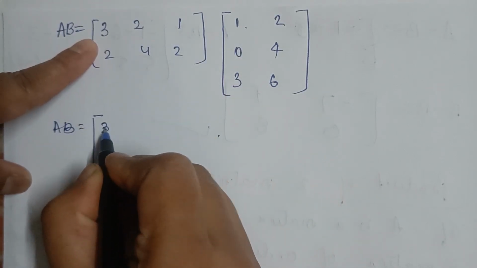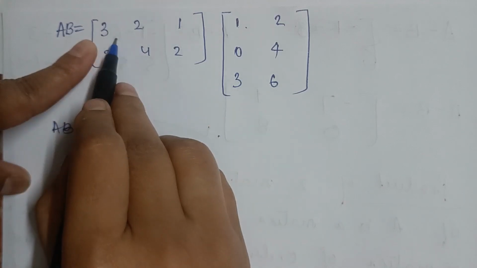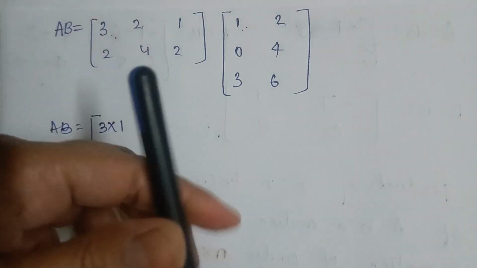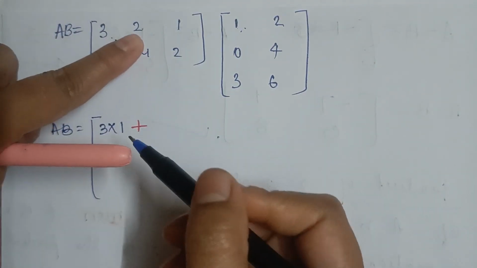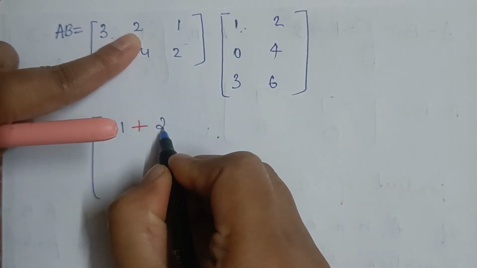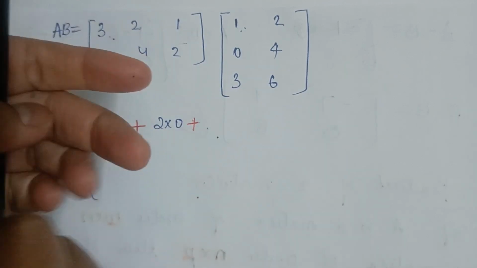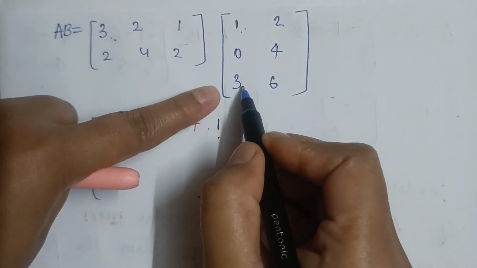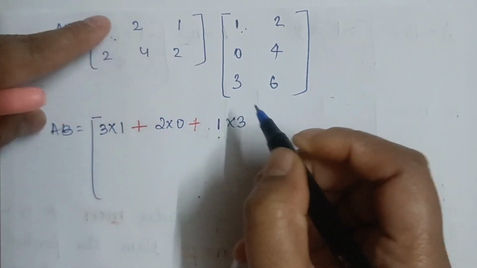So 3 into 1, first element of the first row and first element of the first column, plus 2, the second element of the first row, into 0, the second element of the first column, and then add it, and the last element of the first row with the last element of the first column. So you have to multiply that.